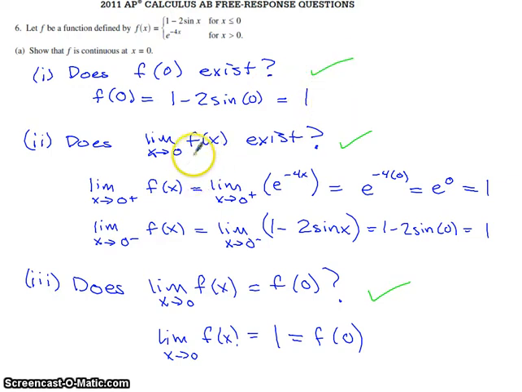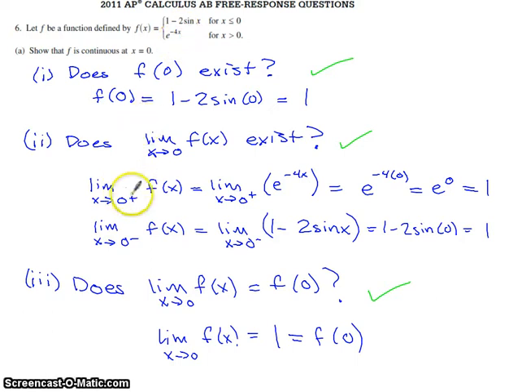The limit as you approach 0, the same value you're considering here, also has to exist. And so here I immediately broke into one-sided limits because I realized on the smaller side of 0, x's that are less than 0, I'm going to be approaching on this piece of the graph, and then for x's that are bigger than 0, I'm going to be approaching on this piece of the graph.